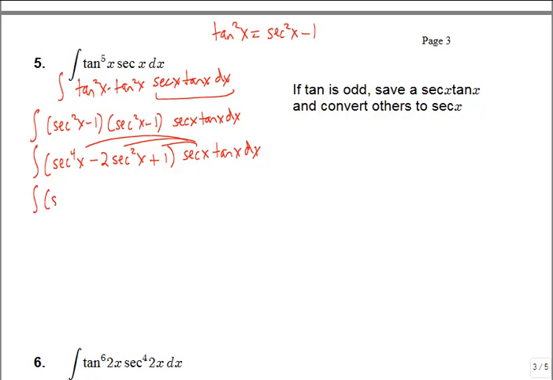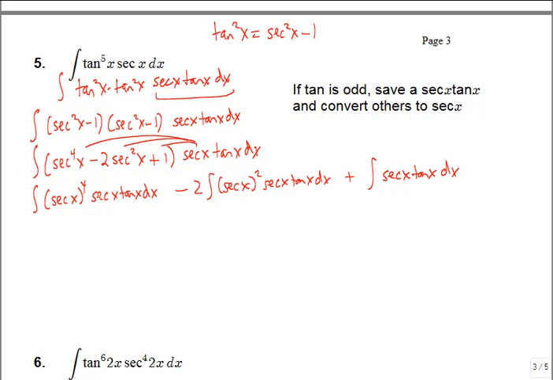The first one will be secant x to the 4th times that secant x tan x on the side, minus 2 times secant x squared times that secant x tan x on the side, plus the last one just has the secant x tan x by itself.